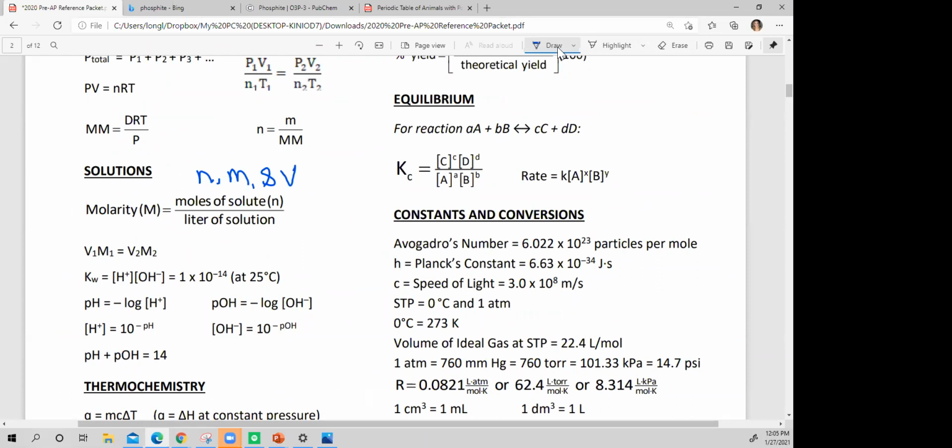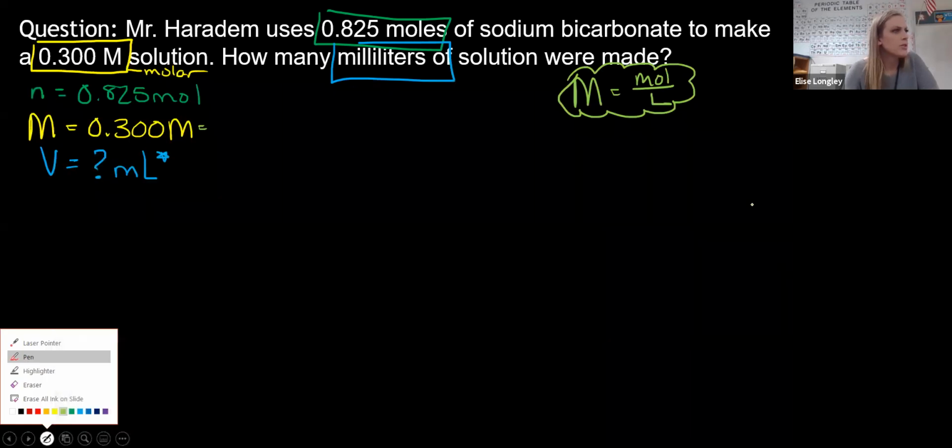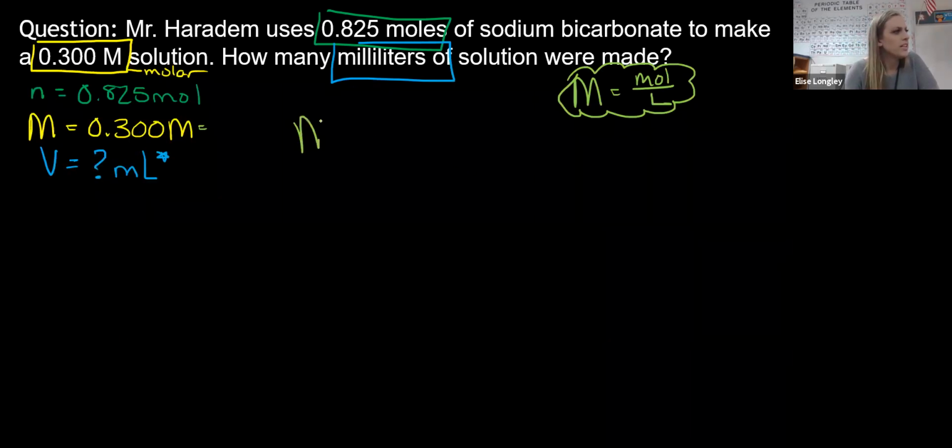Yeah, this one, because this is the V. So these are the 3 variables. So I said, guys, if you don't know where to start, write your variables and match them to your formula. Okay, so we're using this formula again: molarity is equal to number of moles over volume. Okay, so good job, Sonali.